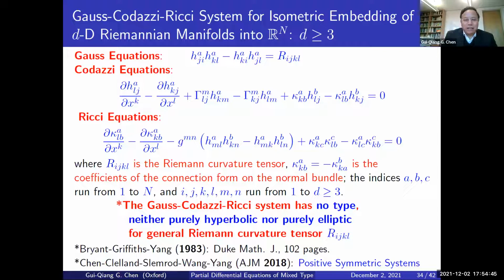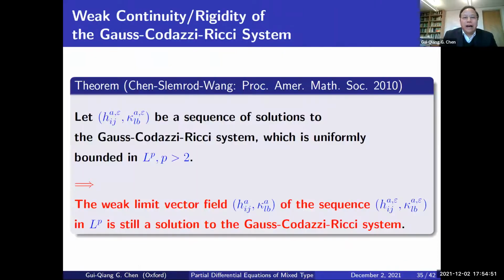There are many works talking about the type of the PDE and so forth. In any case, 10 years ago, I joined with Marshall and Slemrod, and we found that the Gauss-Codazzi-Ricci system has a beautiful structure.